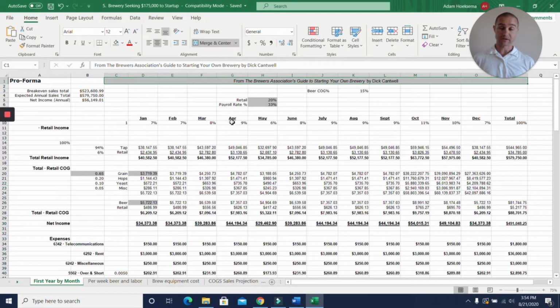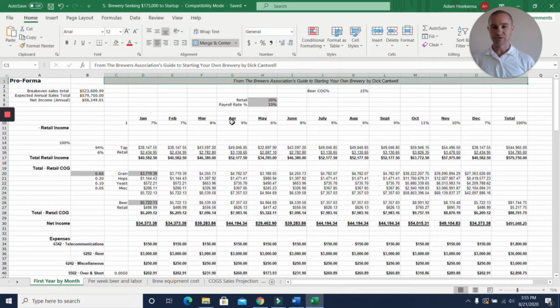But the thing that I really like about this is that we have some real good confidence that these numbers and the ratios throughout the model are going to be on point and industry standard. So you don't really have to worry too much about some of those specific numbers and ratios and cost of goods sold ratios, because they're coming from a good source.